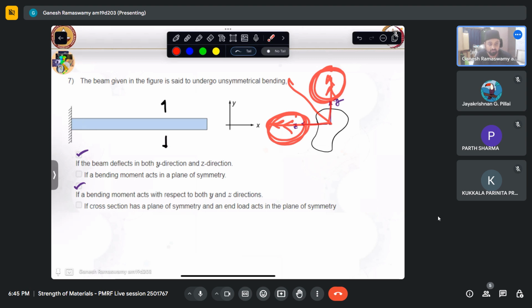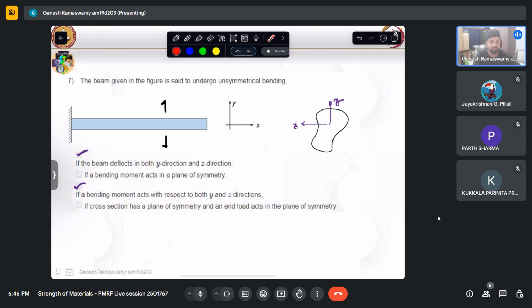Both can be linearly superposed for us to get our results in linear elasticity. So in such a case, instead of moving in this plane alone, it will also have movement in this plane. So the net result will be it would have gone somewhere over here or somewhere over there, something to that effect. So that is what is unsymmetrical bending.